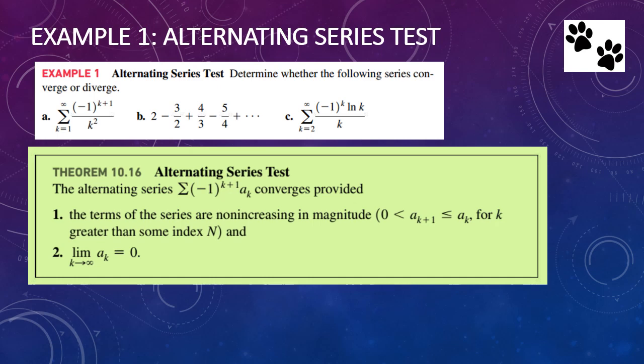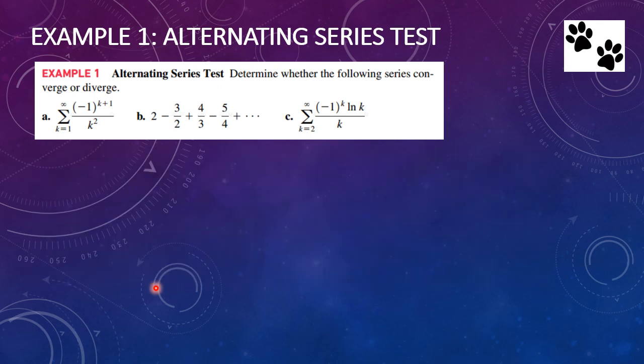So an alternating series converges if, first of all, the terms of the series are non-increasing in magnitude. And, this is an and, not an or, the limit as k goes to infinity of a sub k, whatever our function is here, has to equal 0. So keep those two things in mind when you're doing these tests to see if alternating series converge.